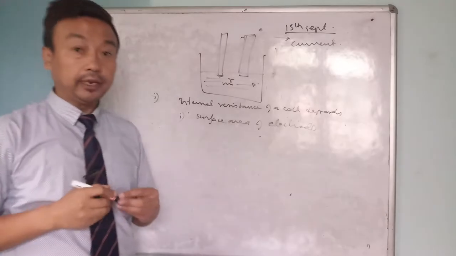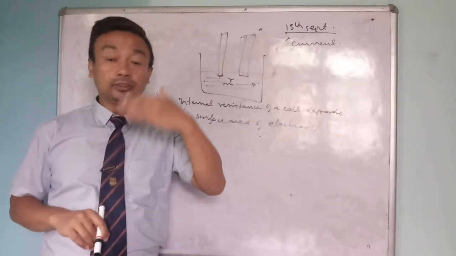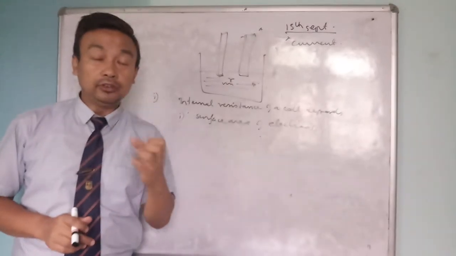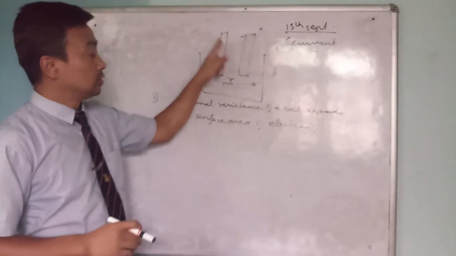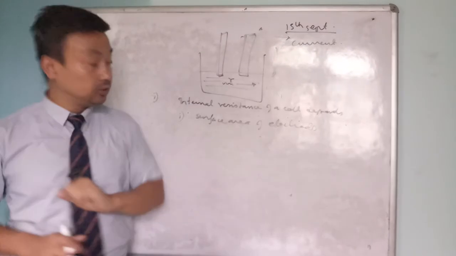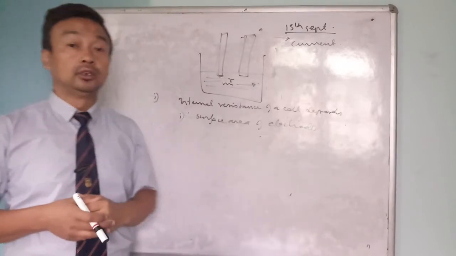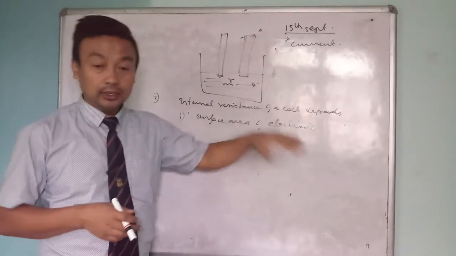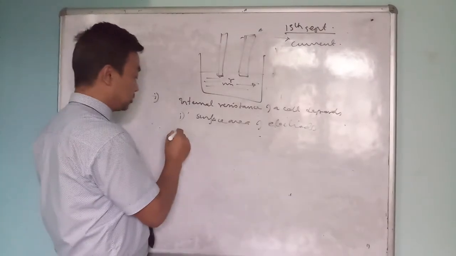If you have a bigger plate, if the surface area is large, then the internal resistance will be less. Greater the surface area of the electrodes, lesser is the internal resistance. So it is inversely proportional. It is given in the textbook, you can refer to it from there also.